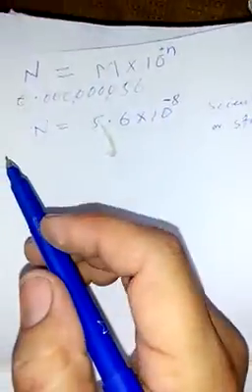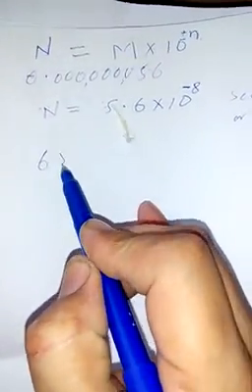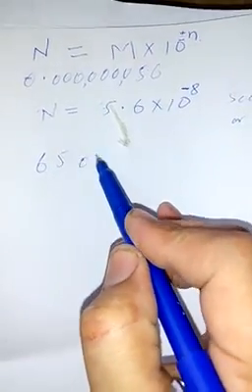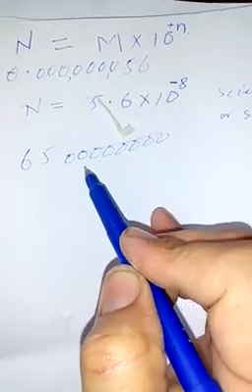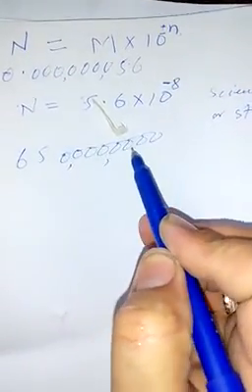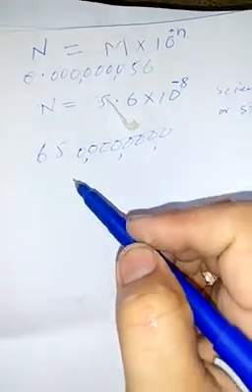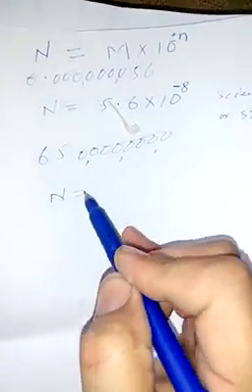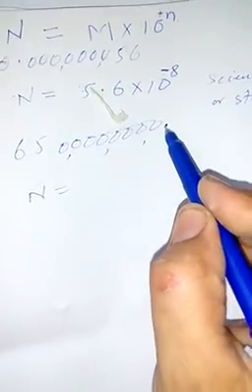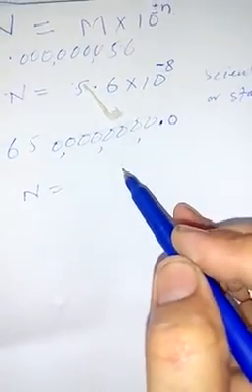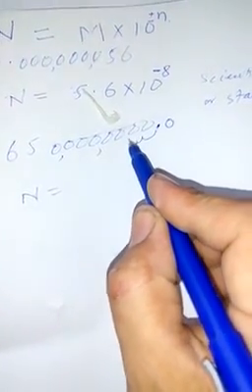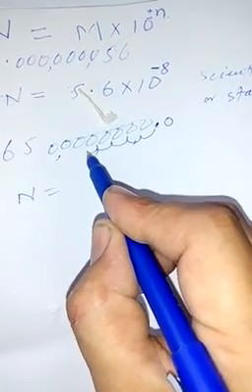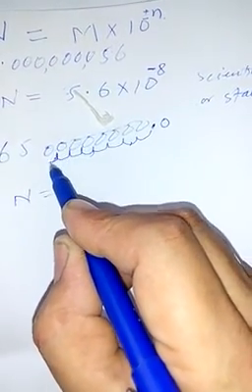For example, another number we take is 650000000. Now we can see that it is very difficult to memorize this larger number, so it will be represented in terms of scientific notation. In this case, the decimal is at the end, here we place a 0 also. Now we shift the decimal point 1, 2, 3, 4, 5, 6, 7, 8.